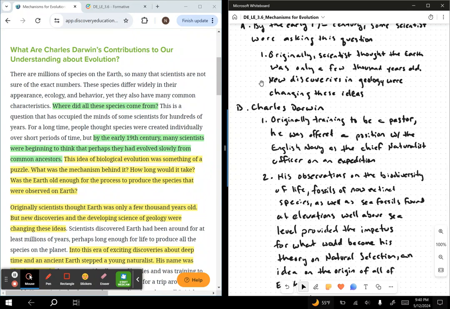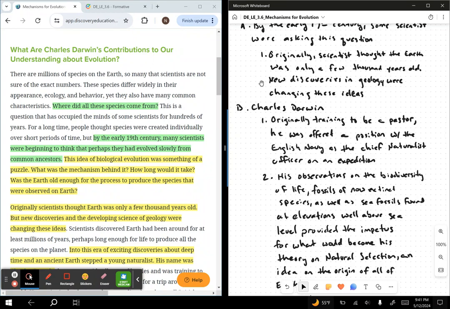Well, Charles Darwin originally wanted to be a pastor, but he was also a naturalist. He was interested in living organisms. He experimented on breeding different organisms like pigeons and beetles, and he was curious about all the different ways you could produce hybrids just by doing artificial selection, breeding different animals to produce different things.